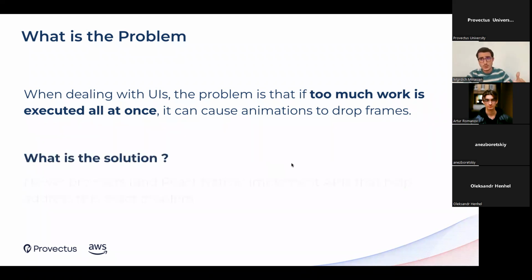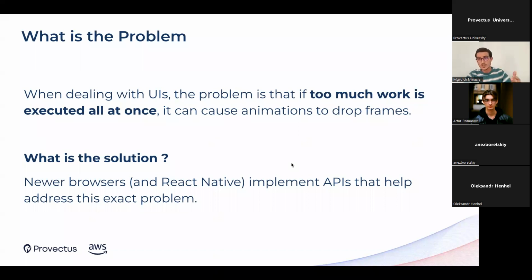So what was the solution? The newer browsers and React Native actually implemented an API that was addressing this exact same problem. And what was this API? In the browser, I know the name, it's requestIdleCallback. It's basically the browser telling you, okay, I don't have much work to do, you can do your work.